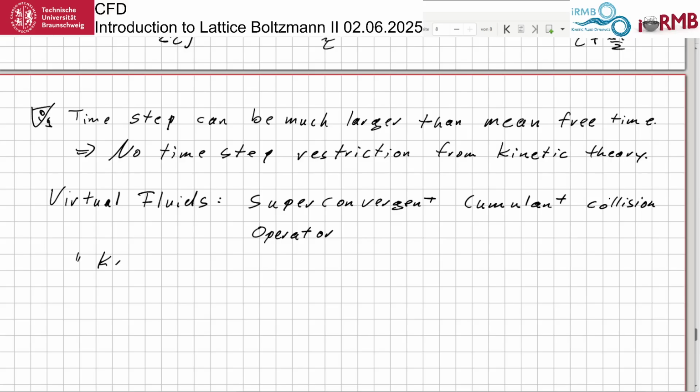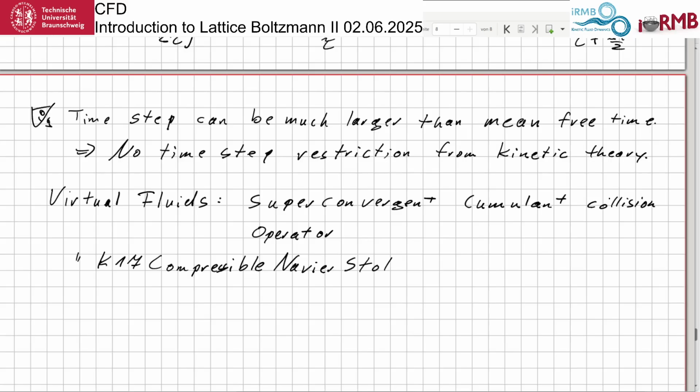You can choose different collision operators, and this one here you call with K17 compressible. There's also incompressible and compressible Navier-Stokes.